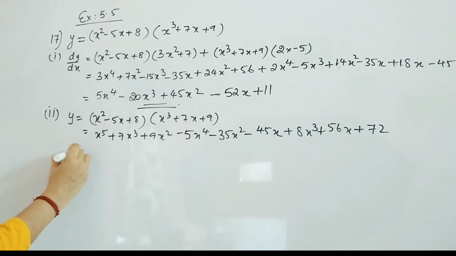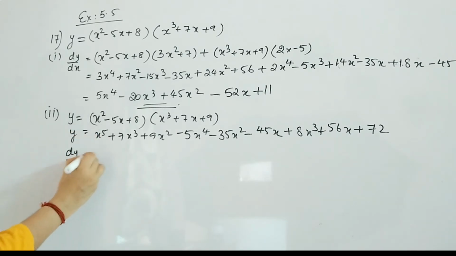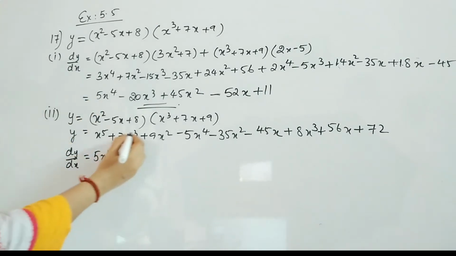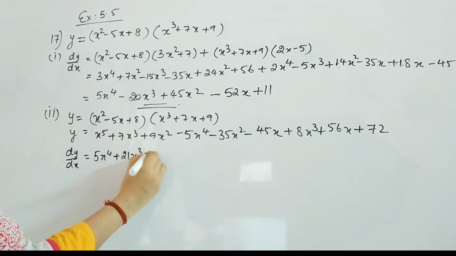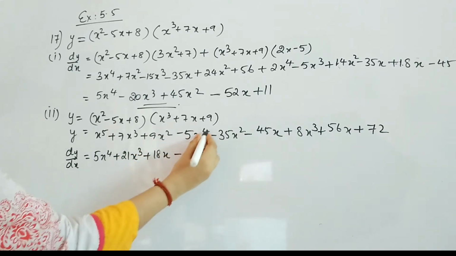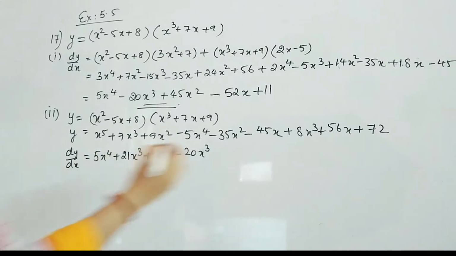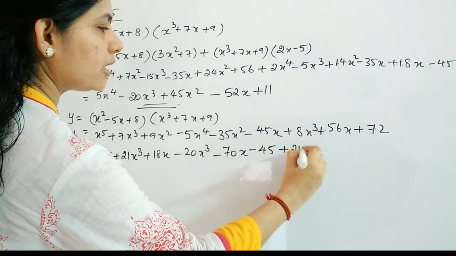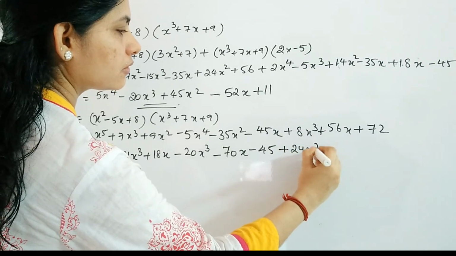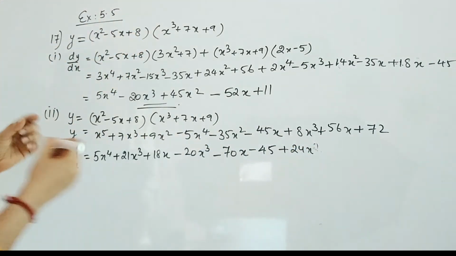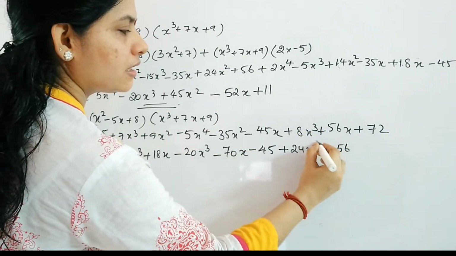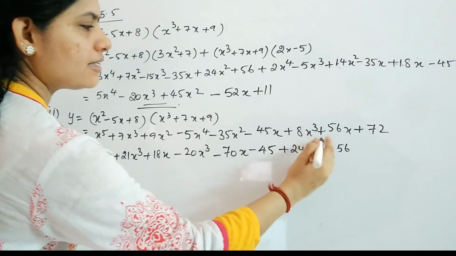Now we will differentiate. Therefore dy by dx will give you 5x raised to 4. So this term we got. Then here you will have 21x cube plus 18x minus 20x cube minus 70x minus 45 plus 24x square plus 56, and this is your constant, so you will get the derivative as 0.